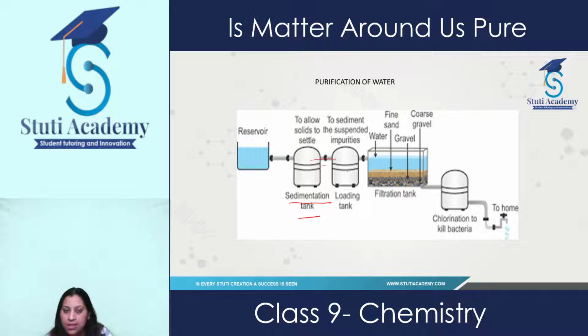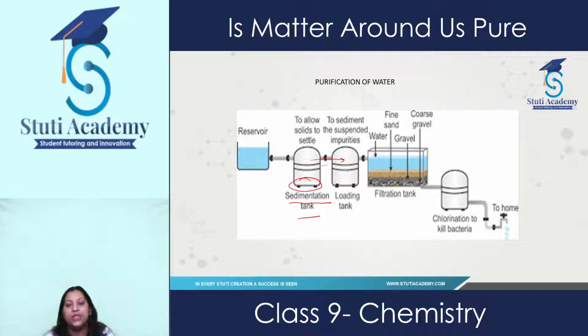In this loading tank the suspended particles remain there. Whatever is left behind here we use in the form of manures. So first we segregate them out.